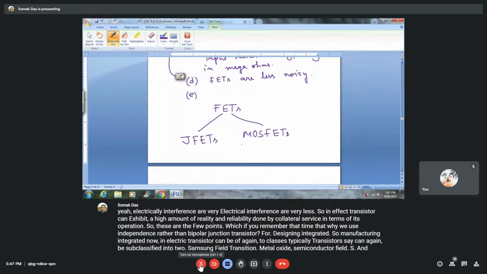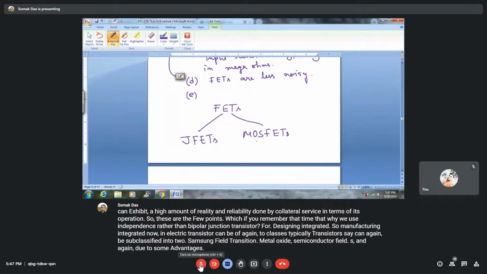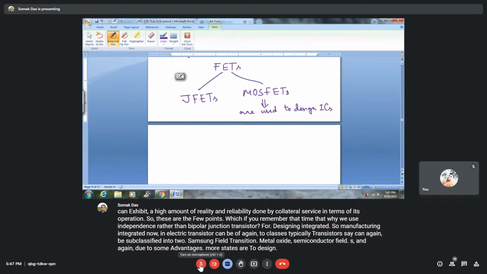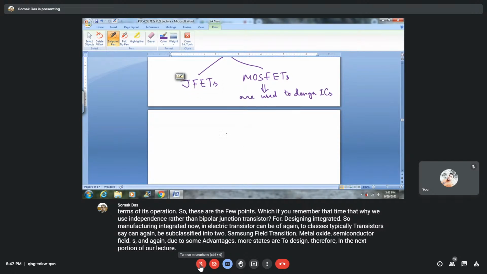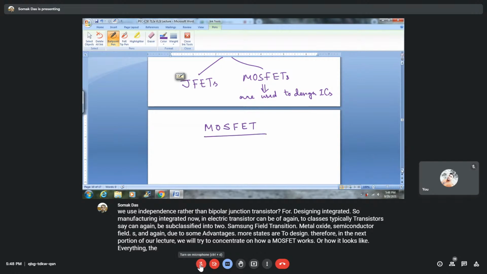And again, due to some advantages, MOSFETs are used to design ICs. Therefore, in the next portion of our lecture, we will concentrate on how a MOSFET works or how it looks, everything. The physics of MOSFET transistors.